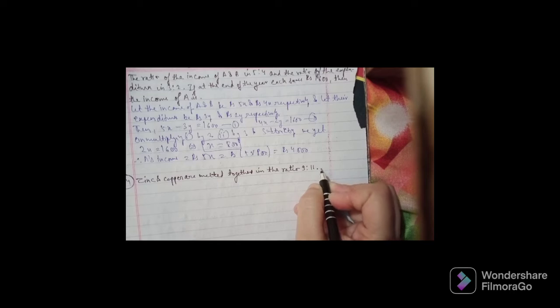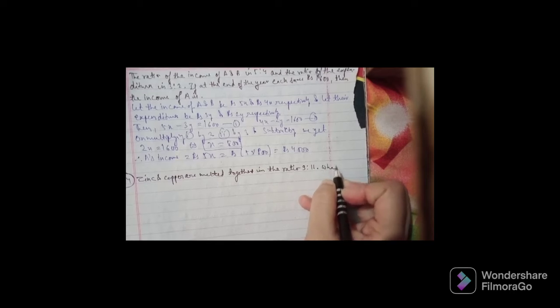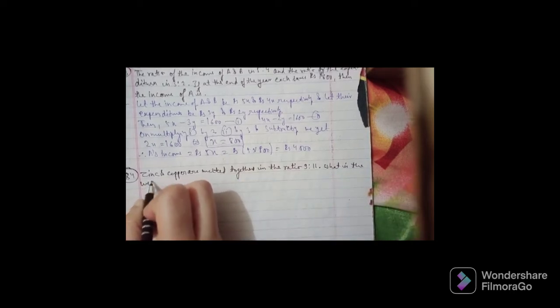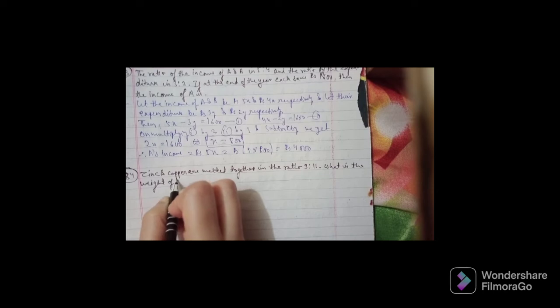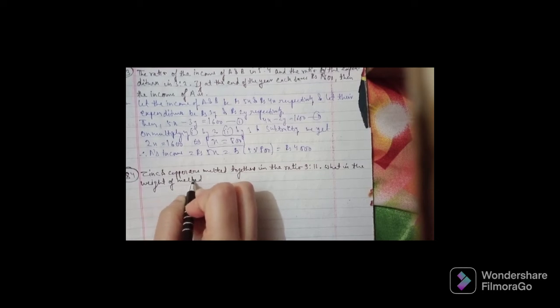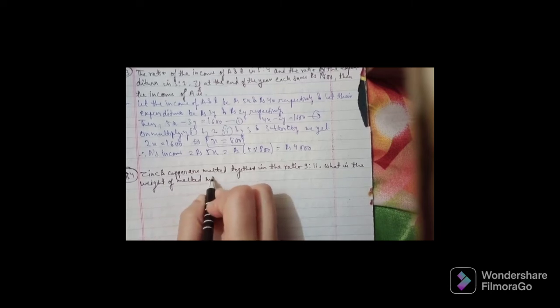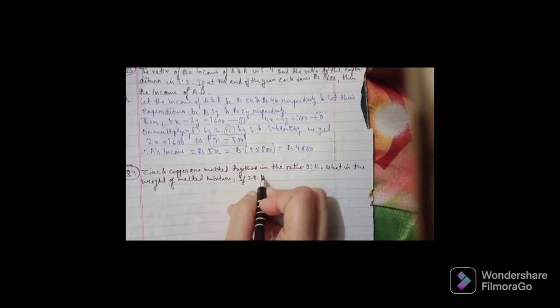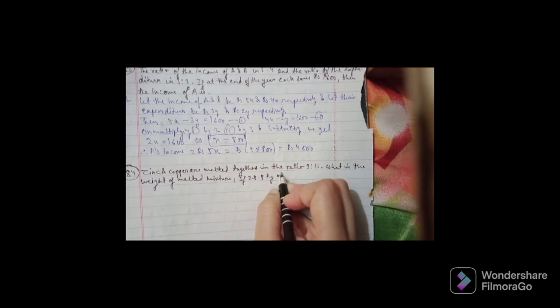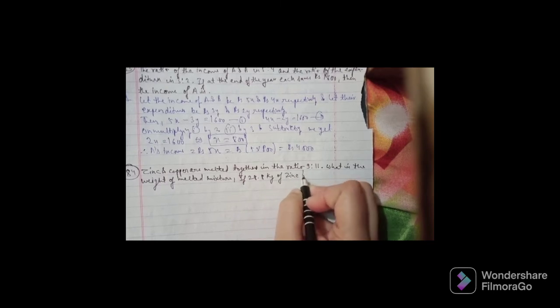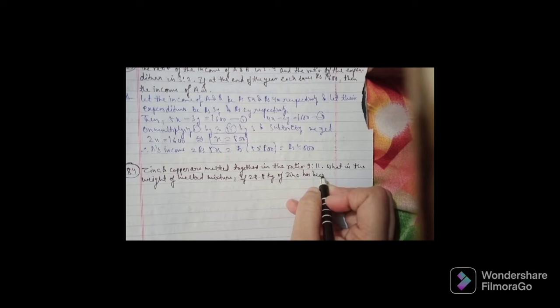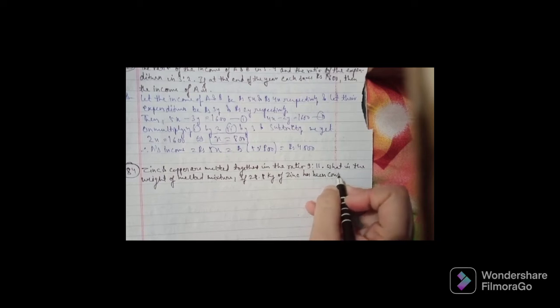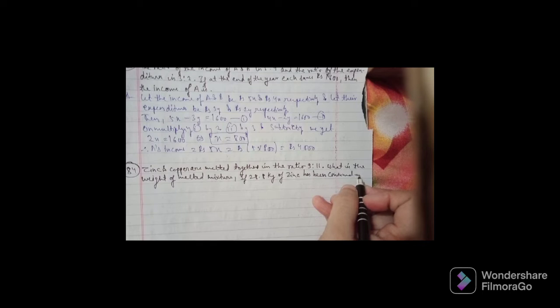What is the weight of the melted mixture if 28.8 kg of zinc has been consumed in it?